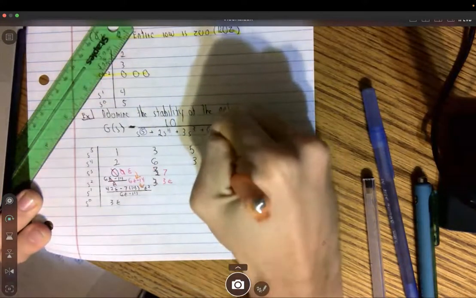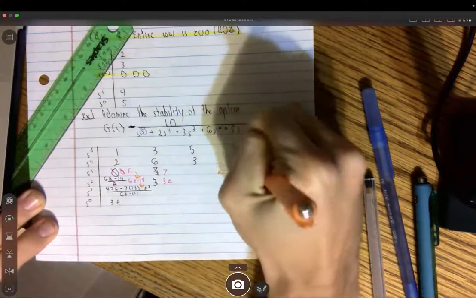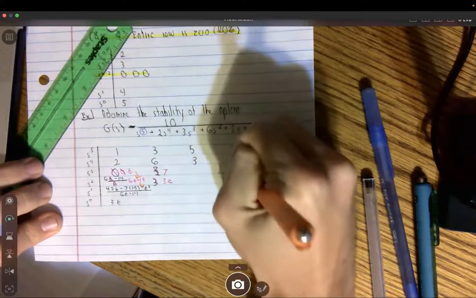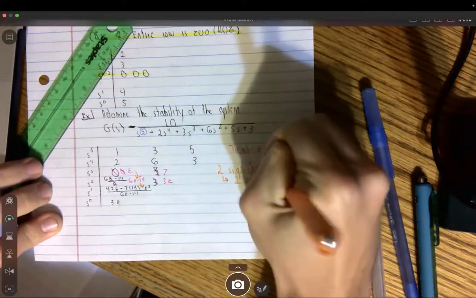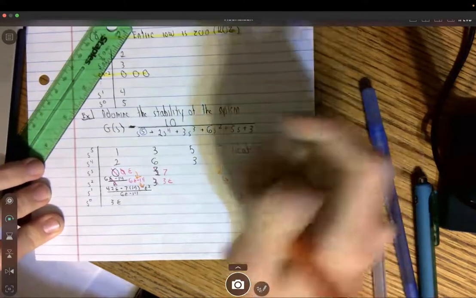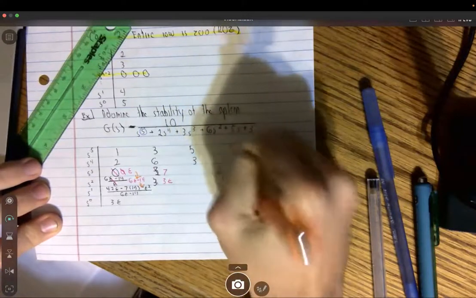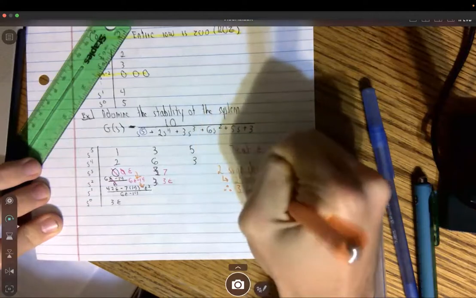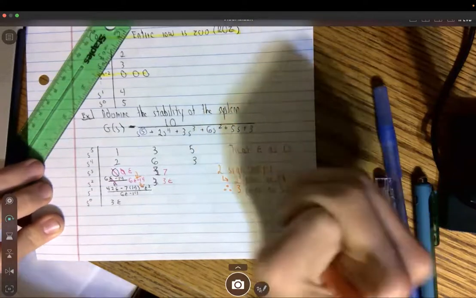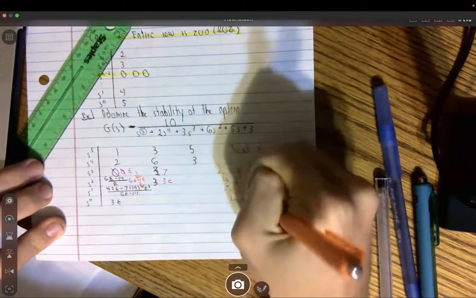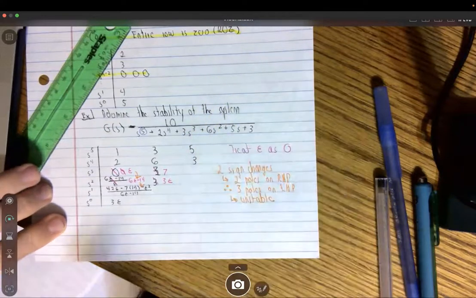So there are 2 sign changes, which means there are 2 poles on the right-hand plane. Remember, we were expecting 5, so there must be 3 poles on the left-hand plane. So this is an unstable system because there are 2 poles on the right-hand plane.